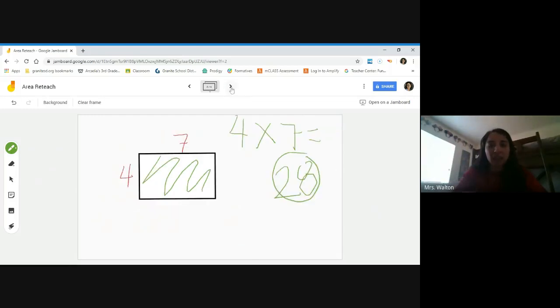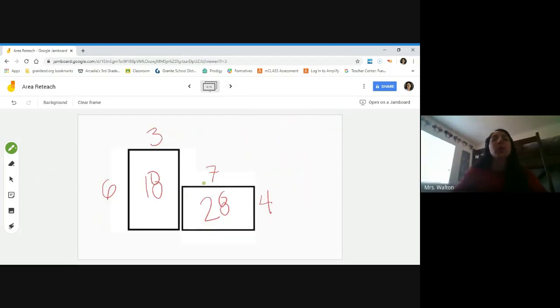And the only thing that changes is, let's say these two were put together. So we figured out that 6 times 3 is 18. So this shape right here has an area of 18. And this shape over here has an area of 28. It's not very clear, but let's say these things are put together like so. It looks like a shape kind of like this.